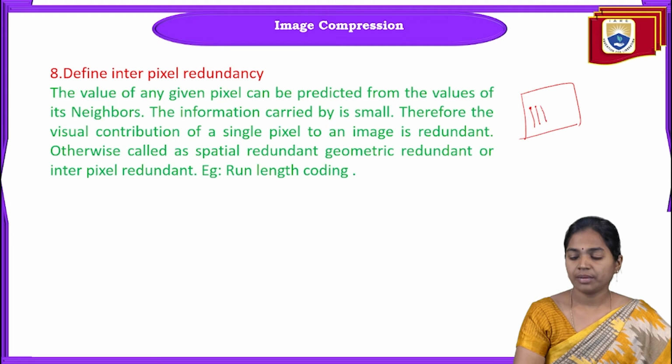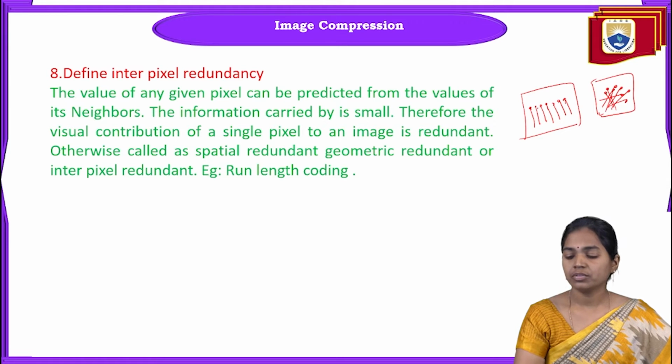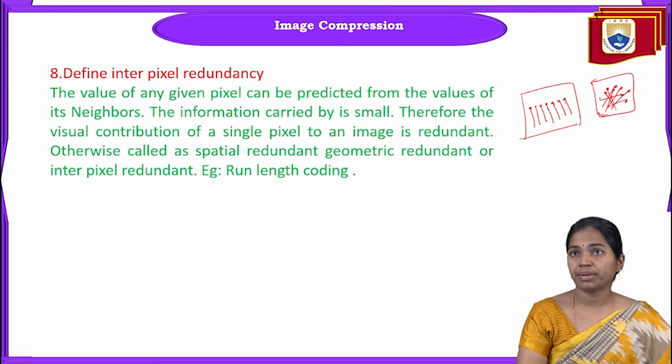Here I am arranging sticks in this image, and in the other image, all the sticks are arranged in the same manner, but represented with the same gray level. The same number of sticks, but arranged in a different manner. So this is nothing but interpixel redundancy.